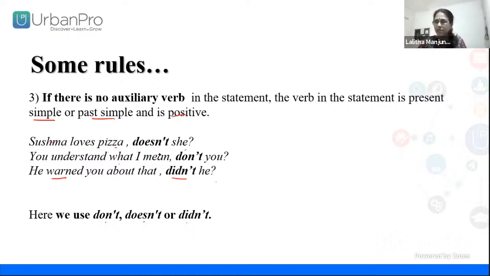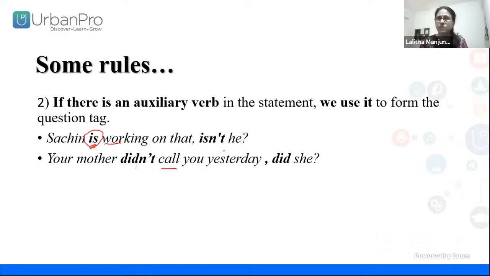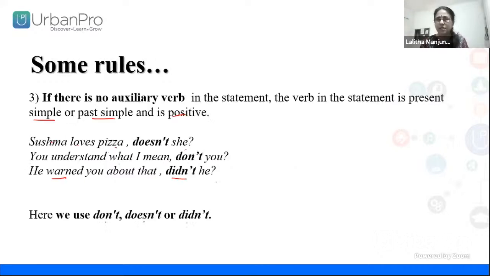Okay. So there are 3 rules we saw now. One is positive statement, negative tag; negative statement, positive tag. The second rule was if there is an auxiliary verb, we have to use that auxiliary verb. That's very easy. And when there is no auxiliary verb, there are 2 possibilities. It can be simple present or simple past, and it is usually a positive statement. See, Sushma loves pizza. It's a positive statement. If Sushma doesn't like pizza, then what will be the tag?